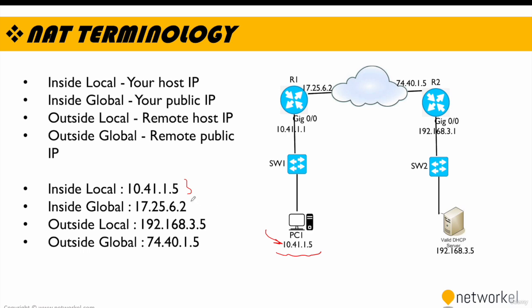We have the inside global, 6.2, which is your public IP. We have the outside local, 3.5 in this case, which is the remote host IP address, and the outside global is here, the remote public IP address.